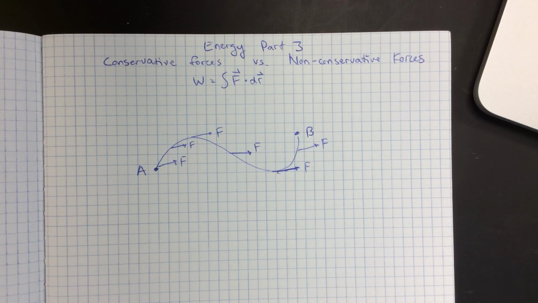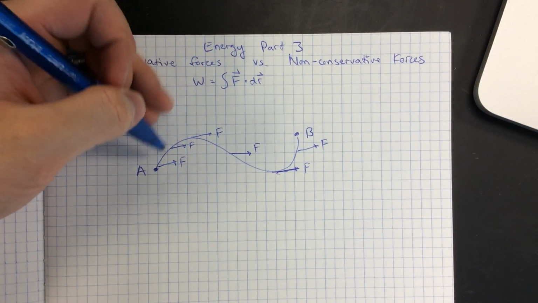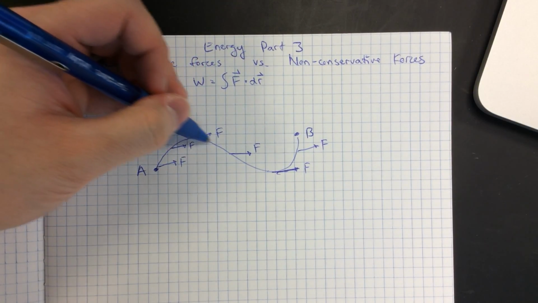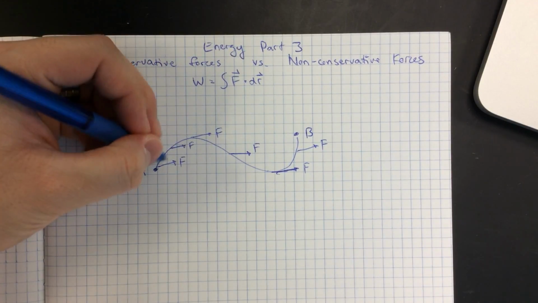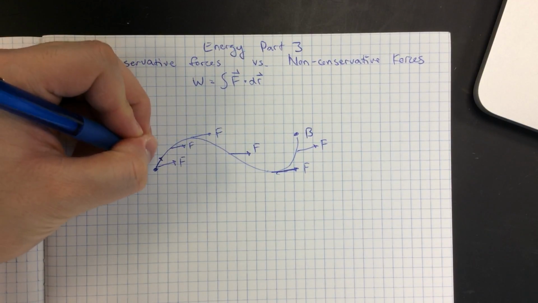Maybe it's the same everywhere, maybe it gets bigger as you go from left to right. Doesn't matter. The point is that if it is a conservative force, we said that conservative forces tend to be forces that are only a function of position, or in this case, it's constant everywhere. That's really important.